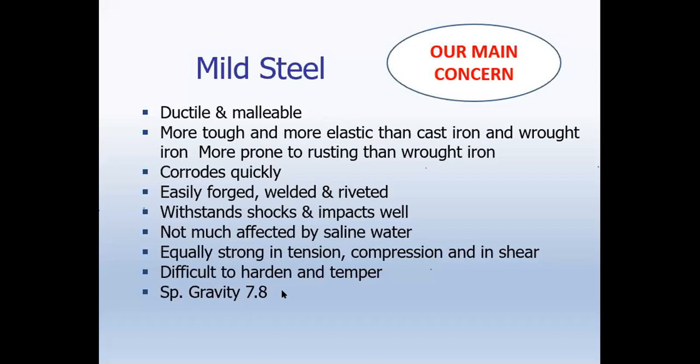So this means that the density of steel is about 78 kilonewton per cubic meter. That is the density. Specific gravity is 7.8, but the density will be 78 kilonewton per cubic meter.